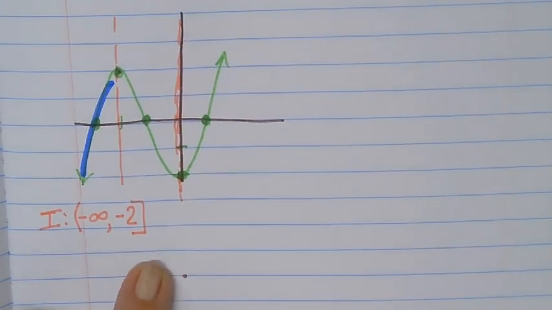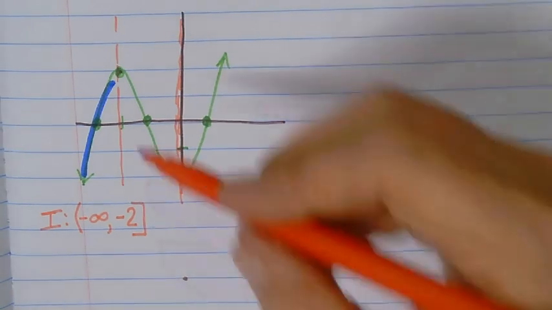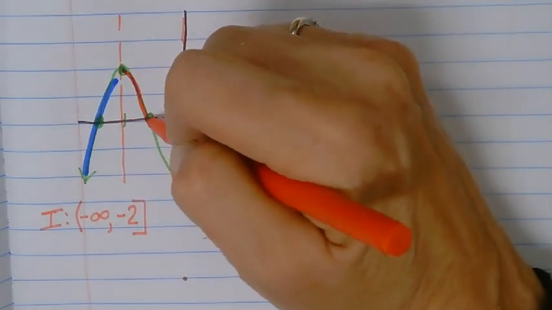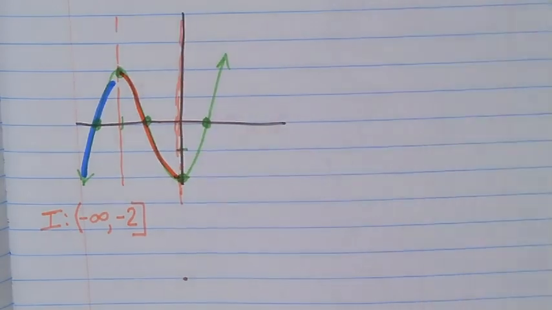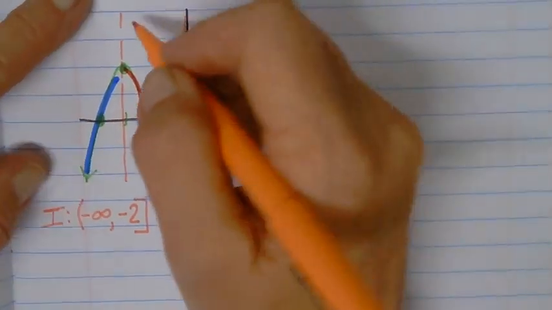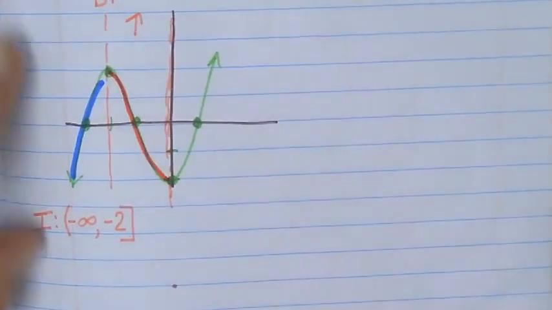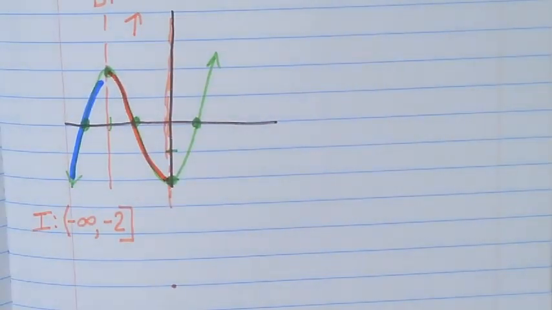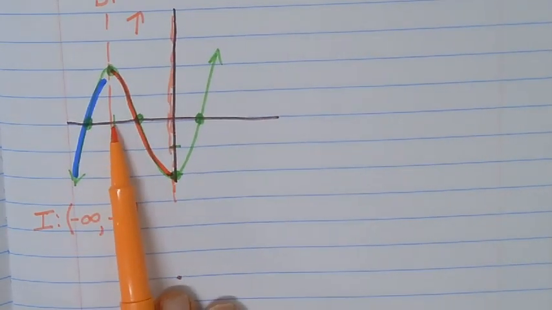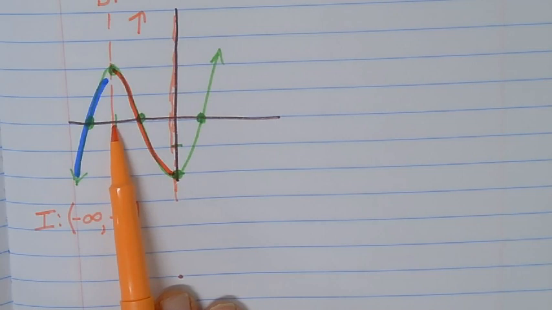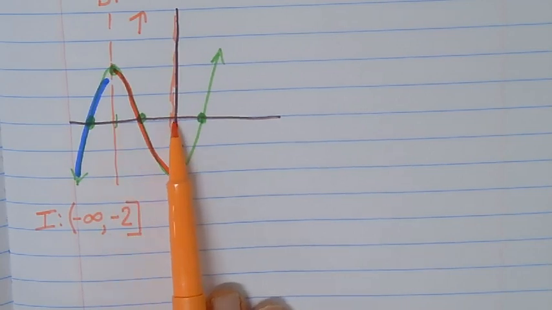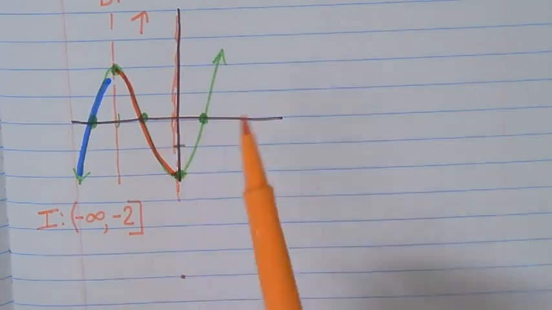Okay. And then the next area, what's happening? Increase or decrease? Decreasing. From what to what? Between negative 2 and 0.